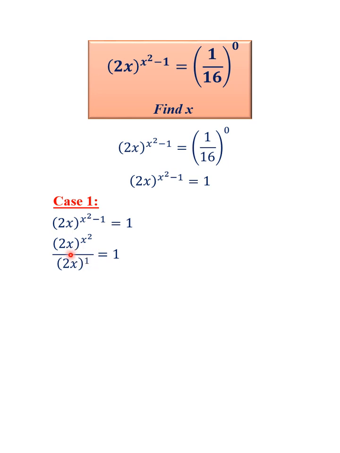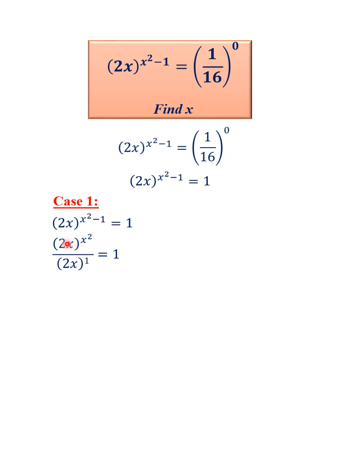How did we arrive at this on the left hand side? If you look at this, it's an index expression where the base of the indices is 2x and the power is x squared minus 1. According to the division law of indices, if you have 2x raised to the power of a difference like x squared minus 1, you can split them into division.